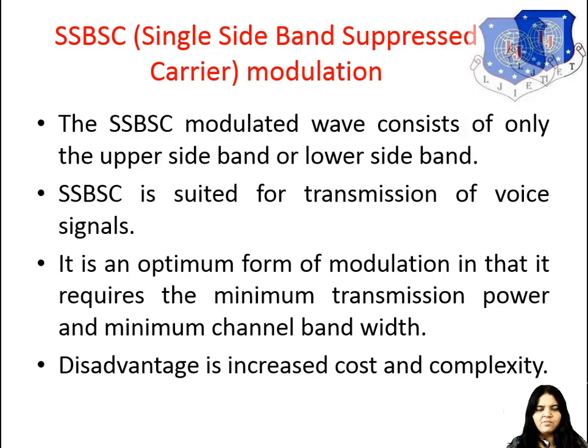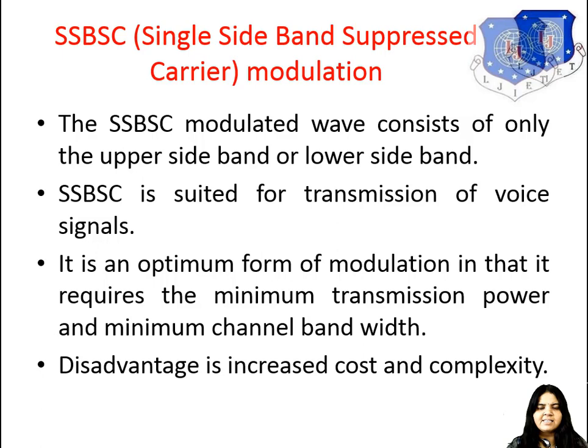The same way in SSBSC modulation. SSBSC means single sideband suppressed carrier. Now LSB and USB contain the same information. Then what can we do? We can transmit either one of the sidebands, so that we save bandwidth and transmitted power.